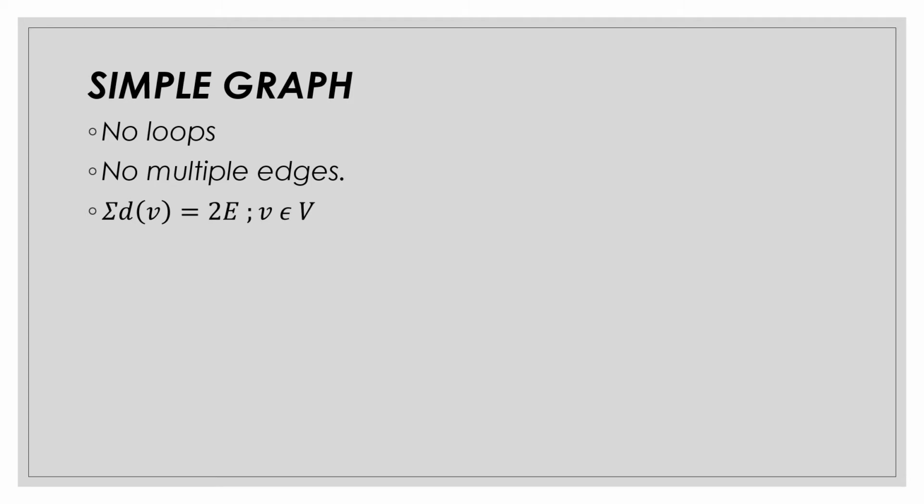Now we look at a simple graph. In a simple graph, we have no loops. Later on you will learn what loops are. So in a simple graph, you have no loops, no multiple edges, and the sum of the degrees is equal to twice the number of edges.